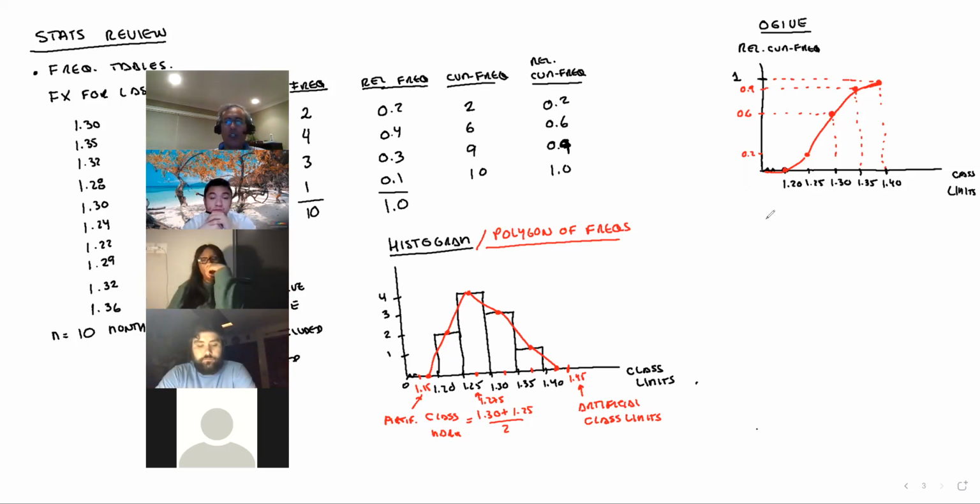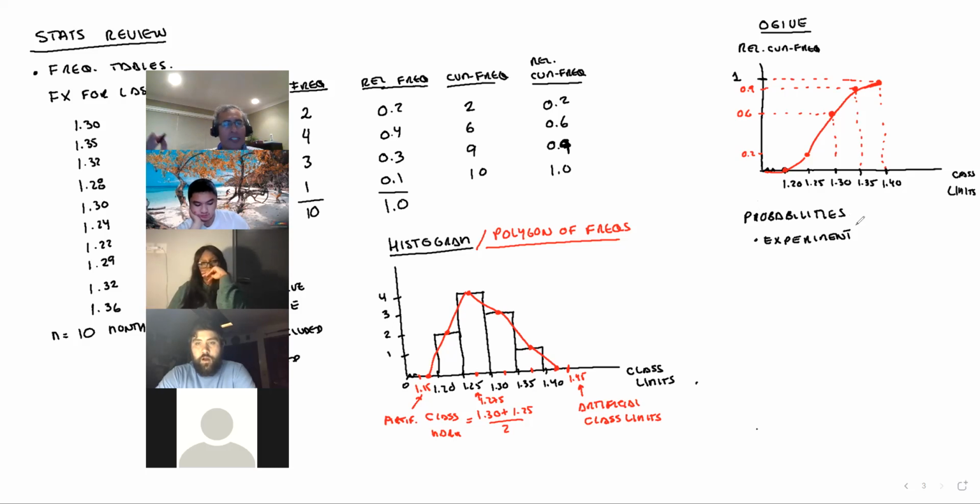Okay, so there are some properties of probabilities, guys. First of all, let's do a definition. Probabilities are based on experiments.